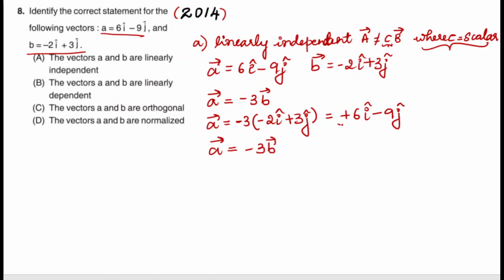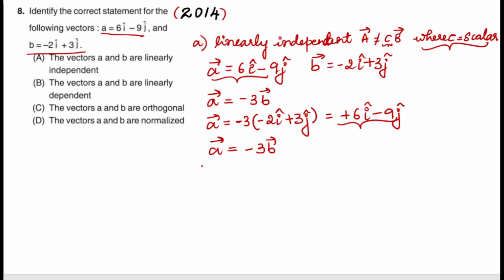We got the a vector value which is equal to 6 times of i cap minus 9 times of j cap. They have already given here a vector which is equal to 6 times of i cap minus 9 times of j cap. So I have written a vector in terms of scalar product of b vector. Now the condition is satisfied. The linear independent, what does it say? Any vector cannot be written in terms of a scalar multiple of any of the vectors. Now, what is the definition of this?